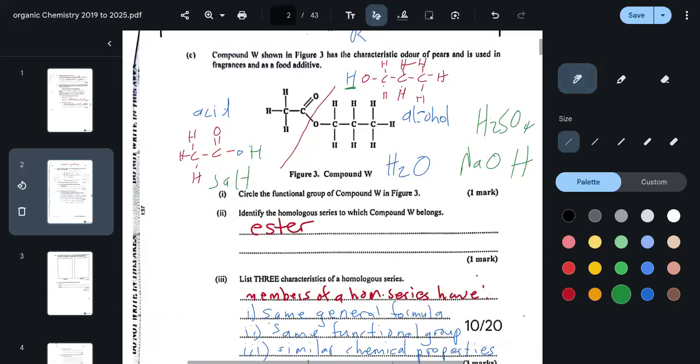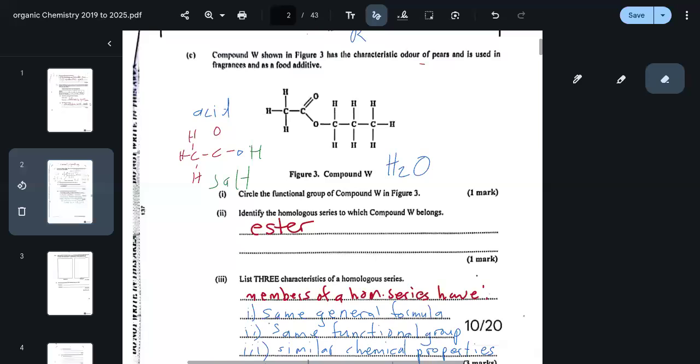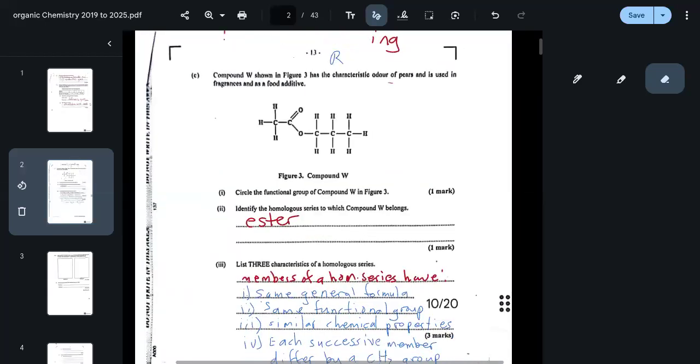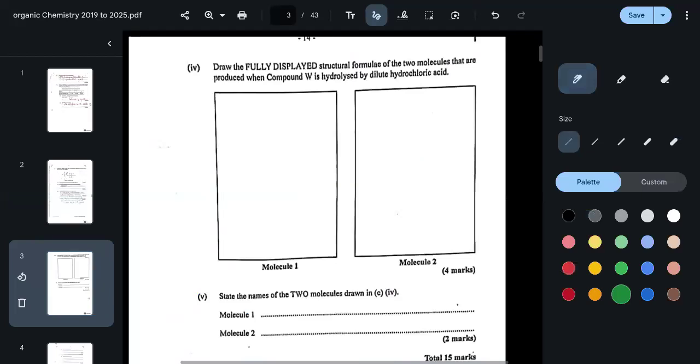Yes, sir. All right. So I'm just going to clear here and put the answer in the correct section. Let me just move this. Right, so the two structures, I would draw the carboxylic acid.